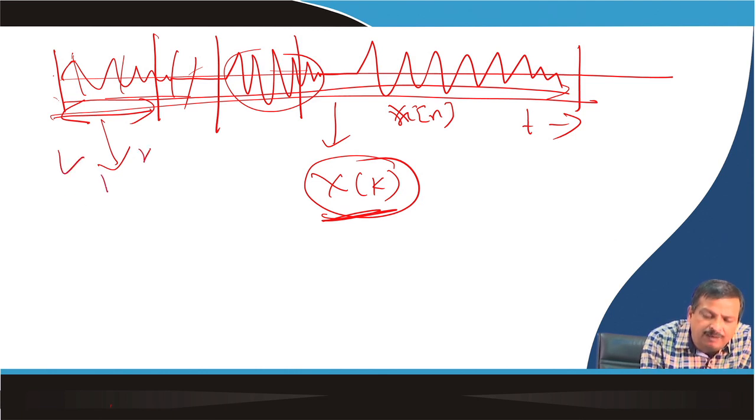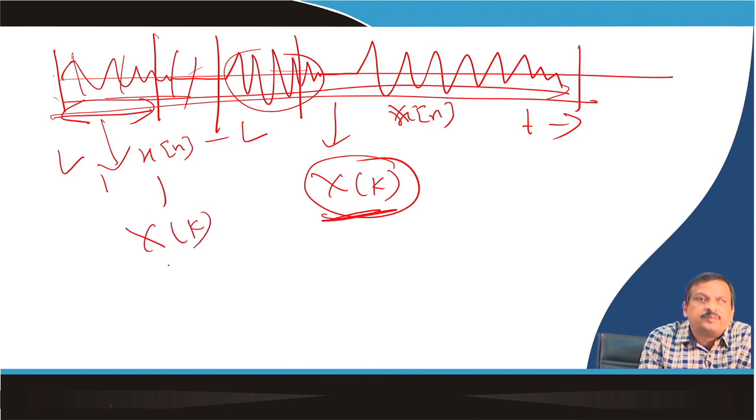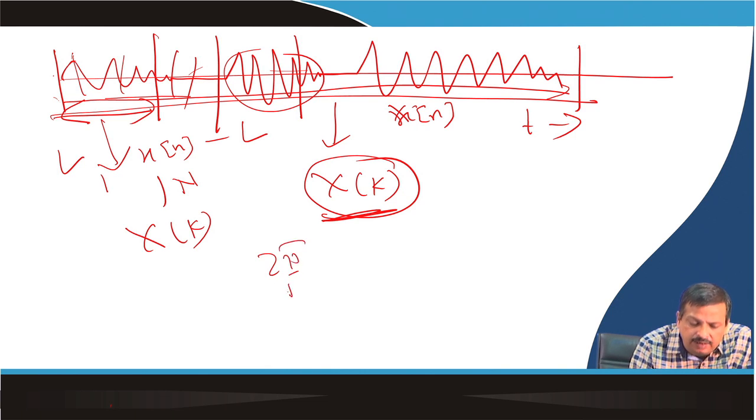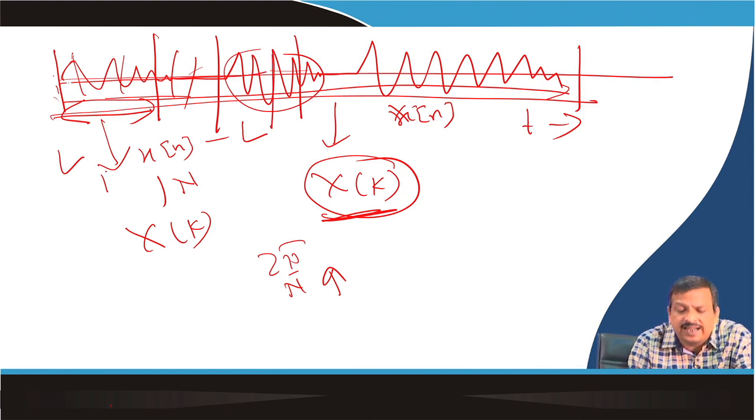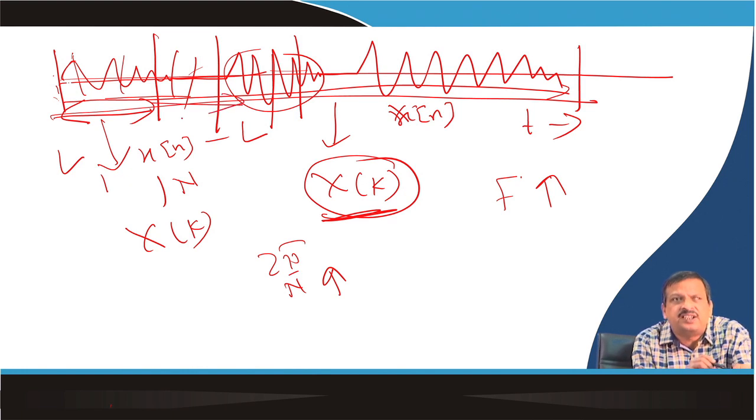Then I have taken an x of n of length L and calculated X of k. Now, once I take an N point DFT, the frequency resolution is 2 pi by N. Now, if I increase N, I have to take more samples. So, if I increase frequency resolution, time resolution is decreased.